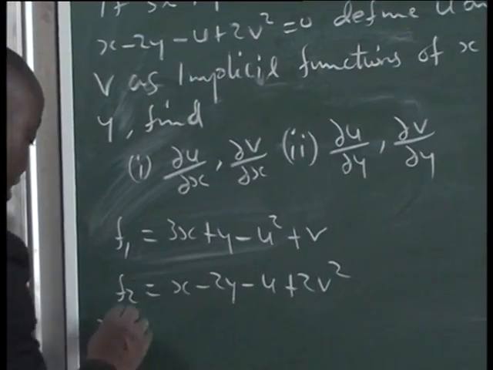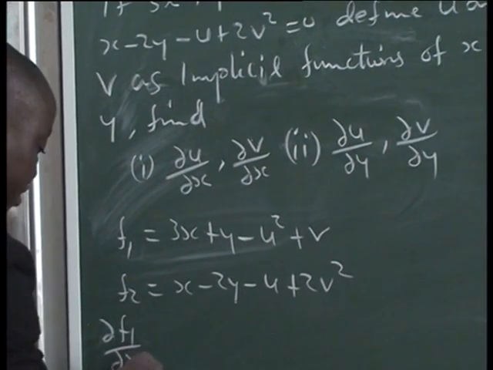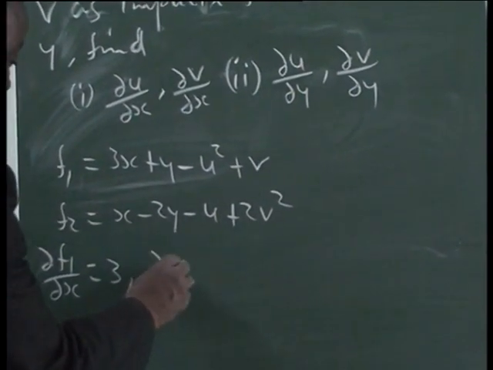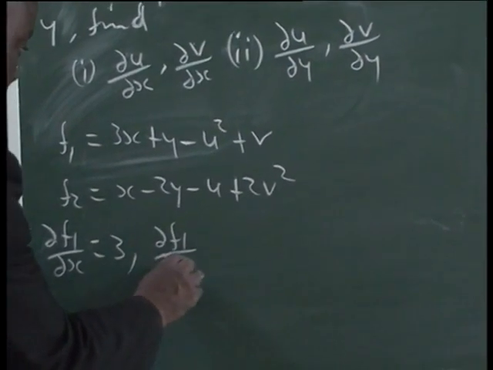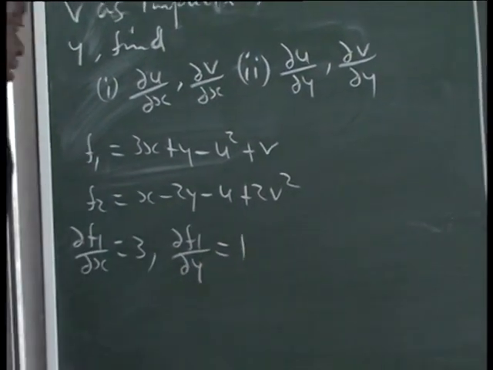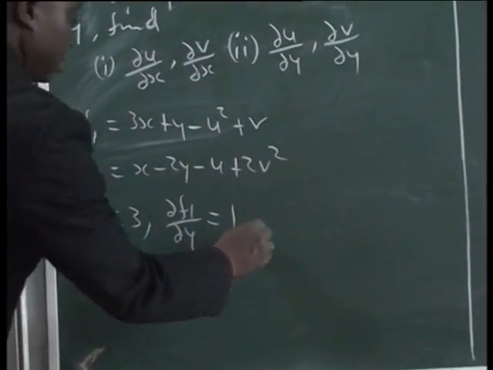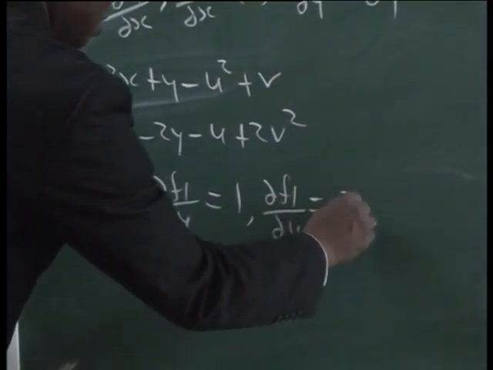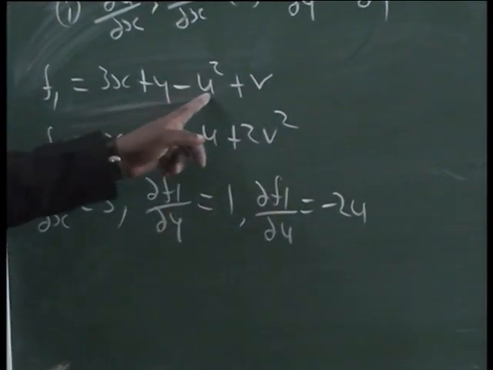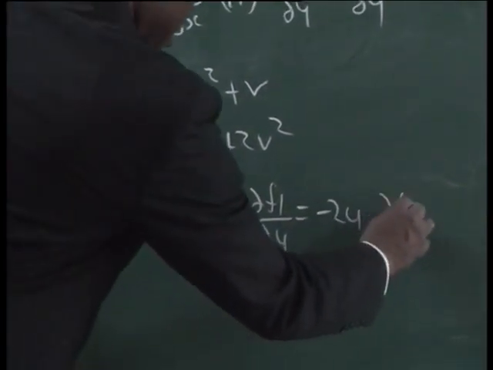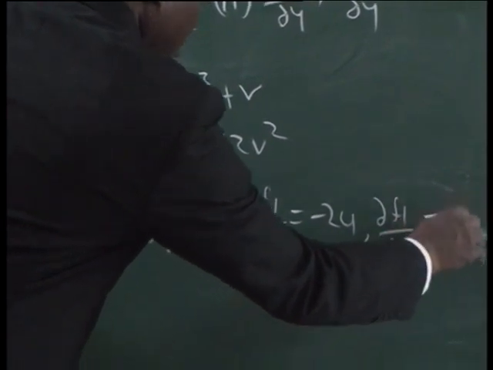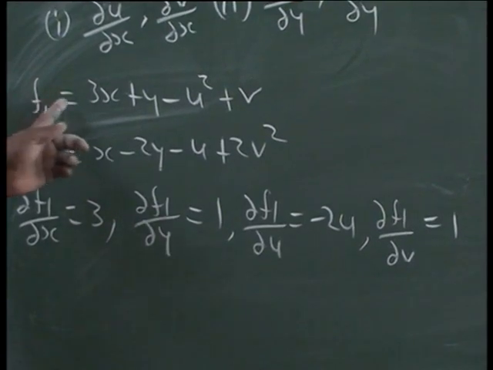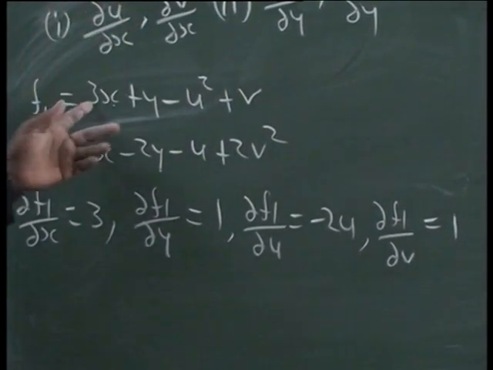Now partial f1 partial x is equal to 3. Partial f1 partial y is equal to 1. Partial f1 partial u is equal to minus 2u. And partial f1 partial v is what? 1. So we have done that. It's so simple like that. Just take each one of the functions, f1.